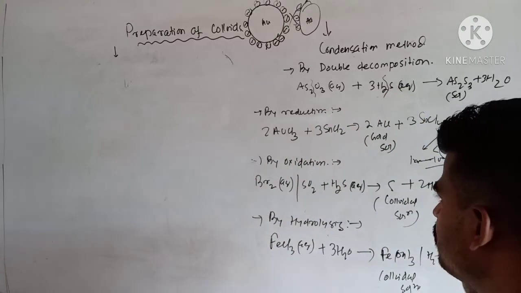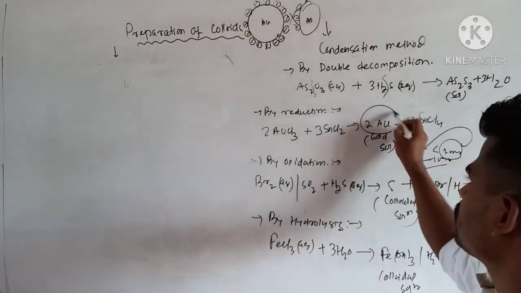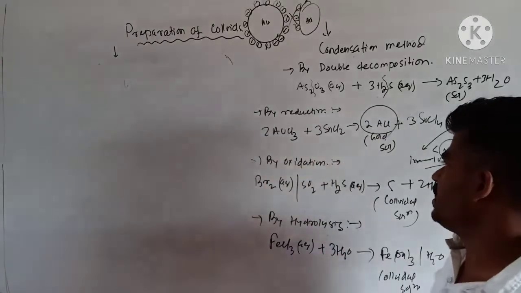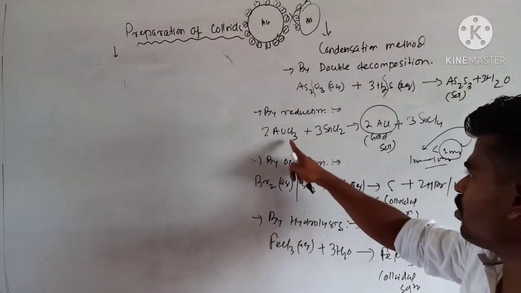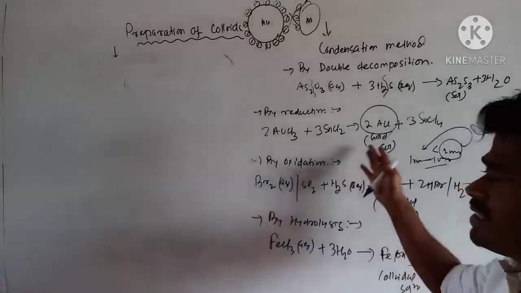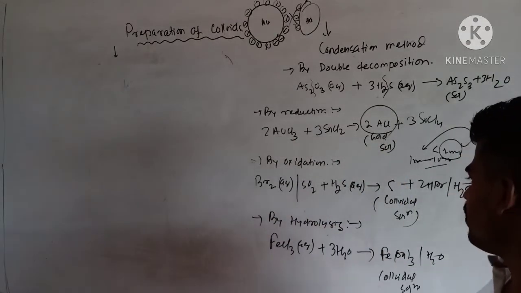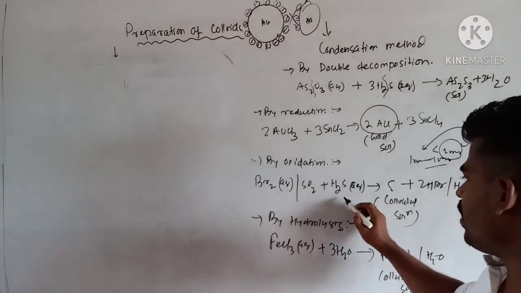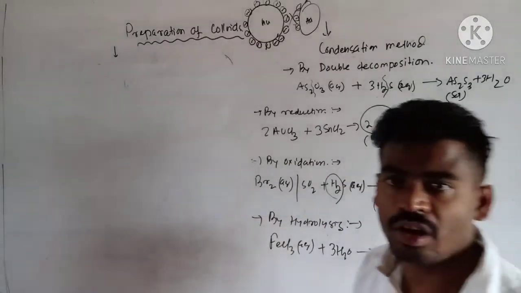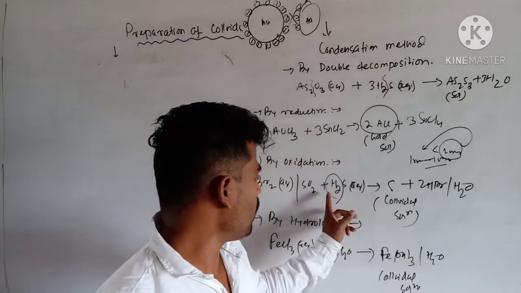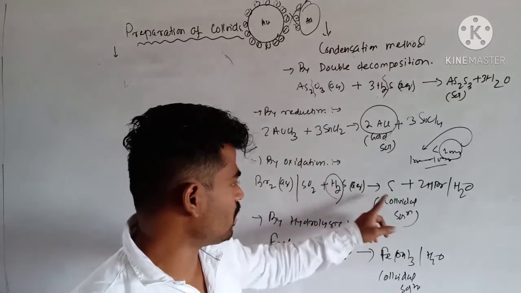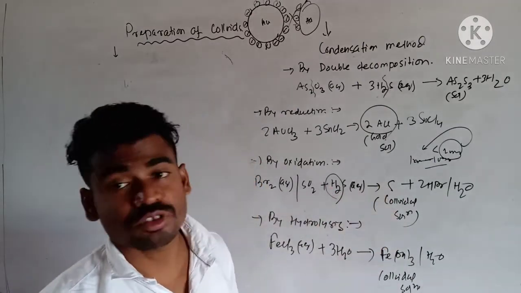A reduction you can see over here, you have prepared gold here, 2AuCl3 plus 3SnCl2. You can see there is a removal of chlorine over here, so this is a reduction reaction. And an oxidation reaction: bromine plus H2S, you see the removal of hydrogen from sulfur, and you have prepared a colloidal sol of sulfur.